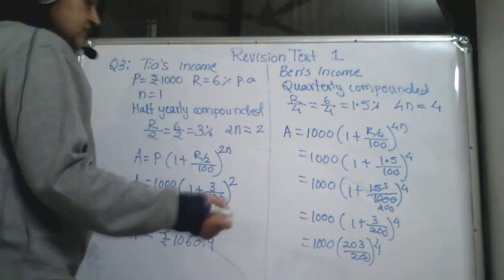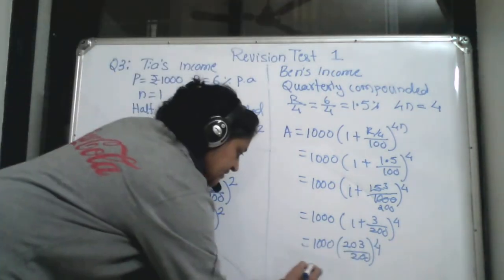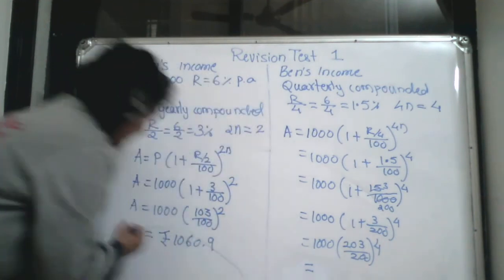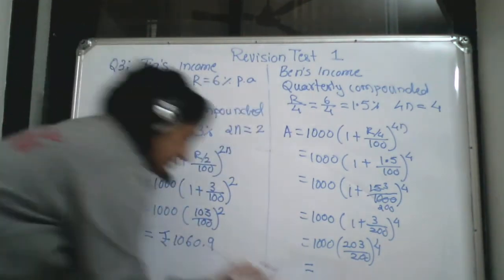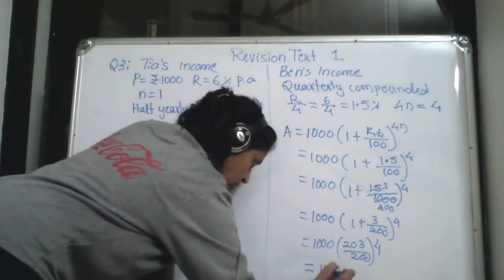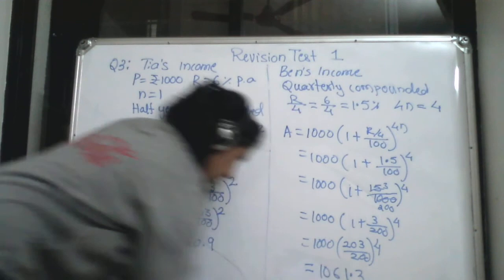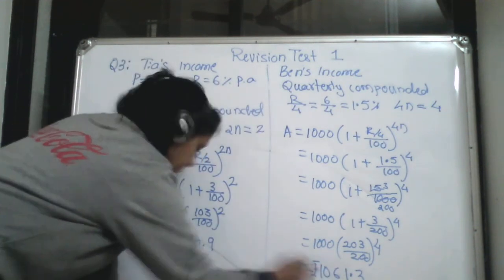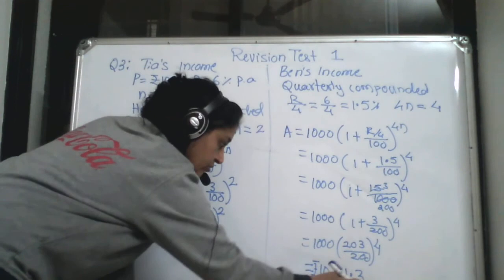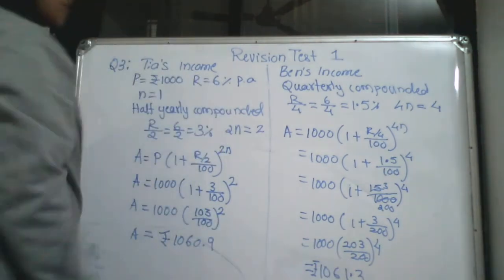Now when this is solved, what you are going to get is only a little difference from what we have calculated for Tia. So your answer will be 1061.3. Now see here how much you are differing by: 1060.9, here 1061.3. So a very little difference you will have.